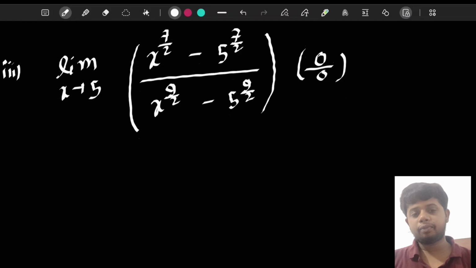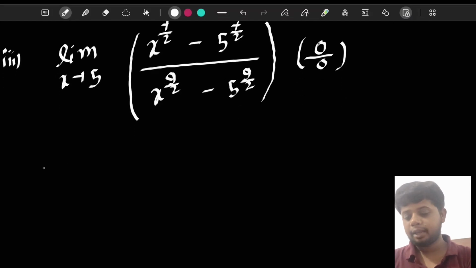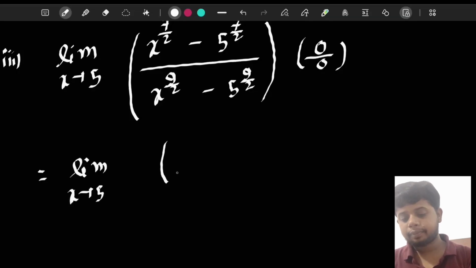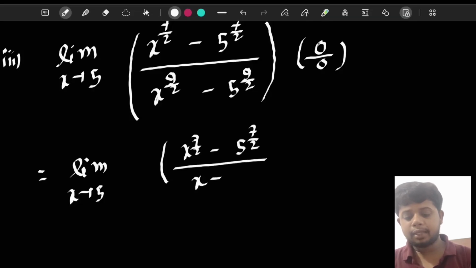If you have tried, we will get limit x tending to 5, x power of 7 by 2 minus 5 power of 7 by 2 by x minus 5. Since we have taken x minus 5 extra, we have to multiply also x minus 5.